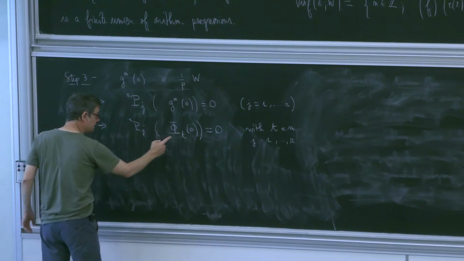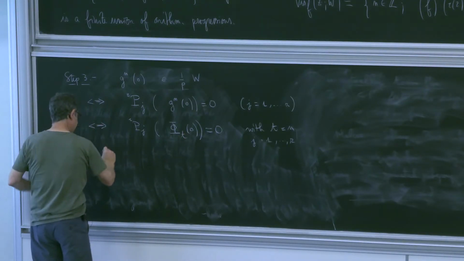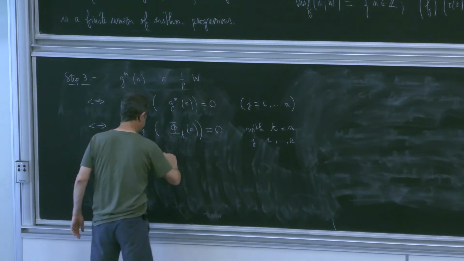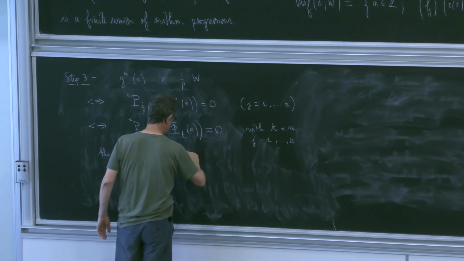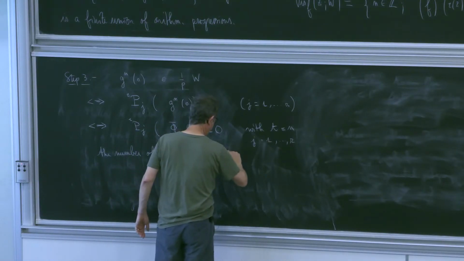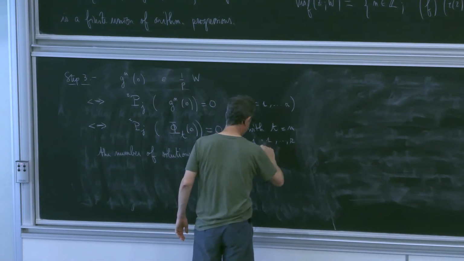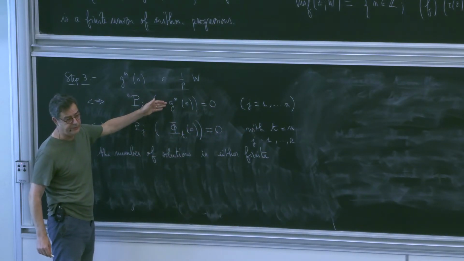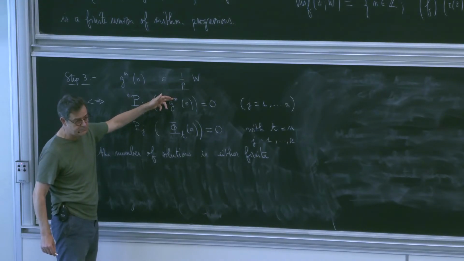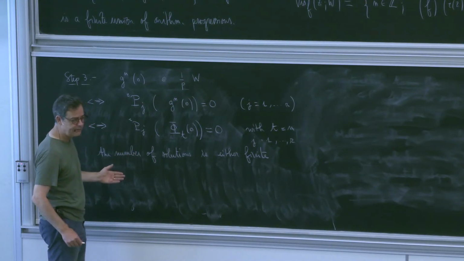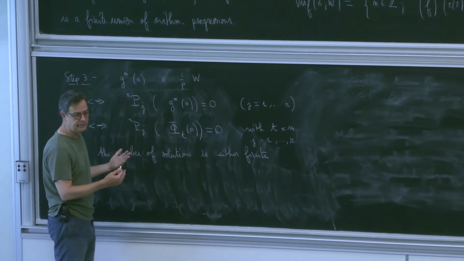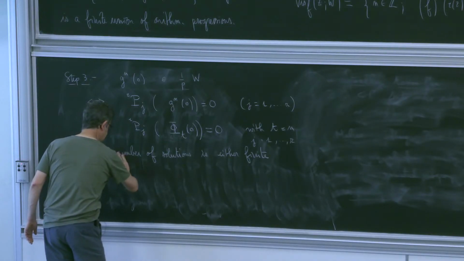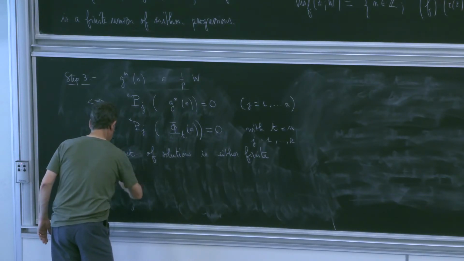So the set of zeros, or the number of solutions, is either finite, in case I have only finitely many possibilities for n, or it's infinite, and then it's equal to everything, to ZP, by the isolated zero principle. So the set of solutions is finite or equal to ZP.